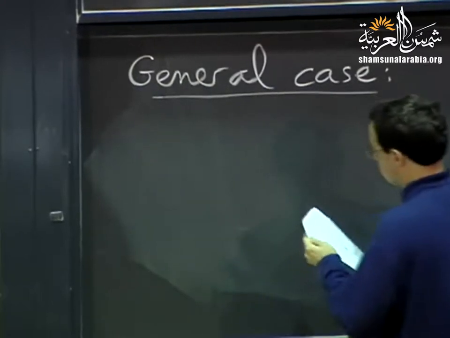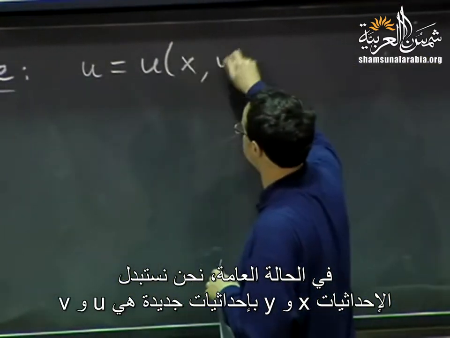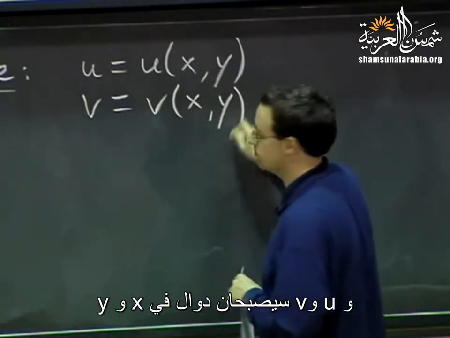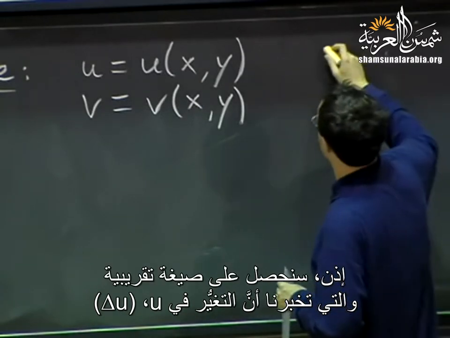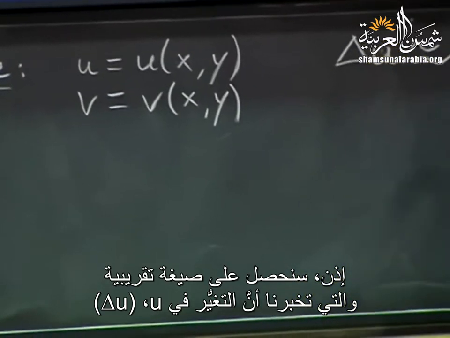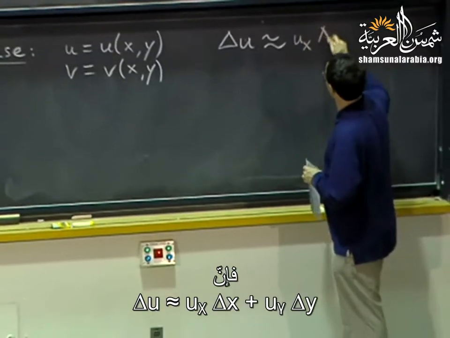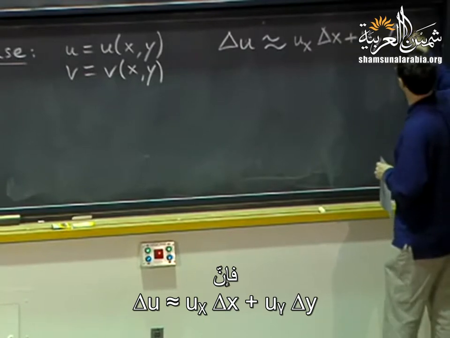So in the general case, that means we'll replace x and y by new coordinates, u and v, and u and v will be some functions of x and y. So we'll have an approximation formula which tells us that the change in u, if I change x or y a little bit, will be roughly u sub x times change in x plus u sub y times change in y.